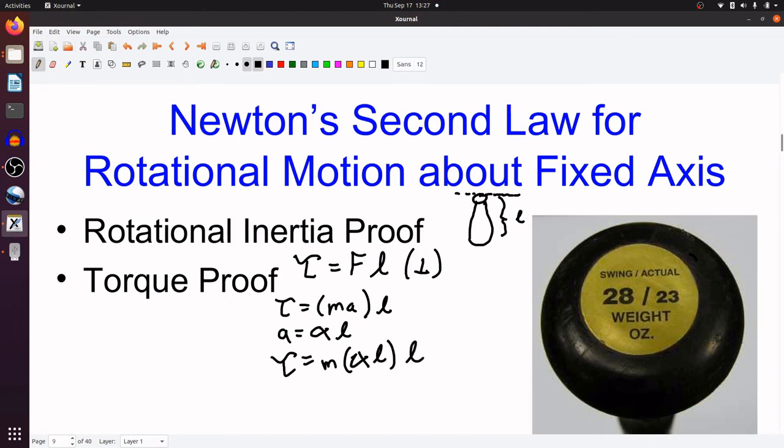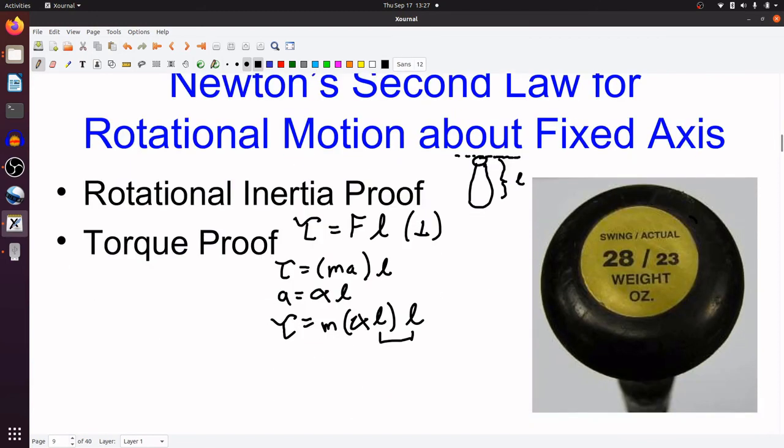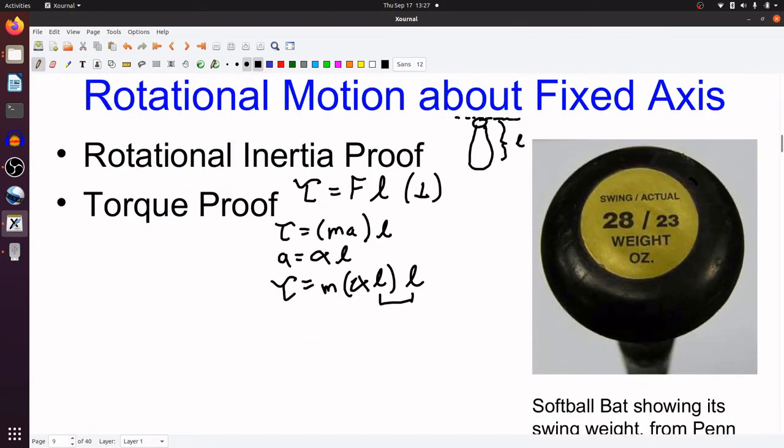All right. Well, the L's will go together to make m L squared, and then this is alpha. And then this right here is normally m r squared, but we're using L because of the original proof.